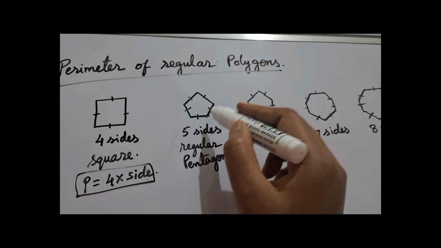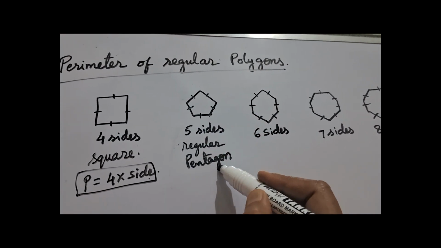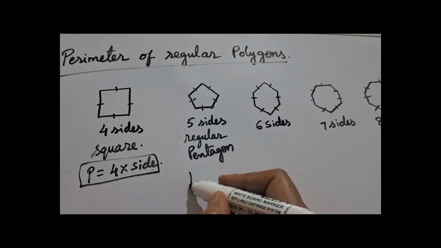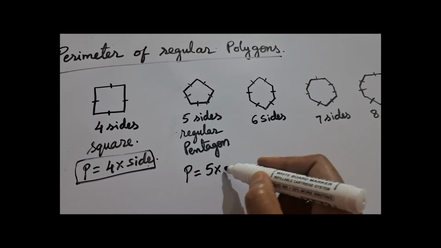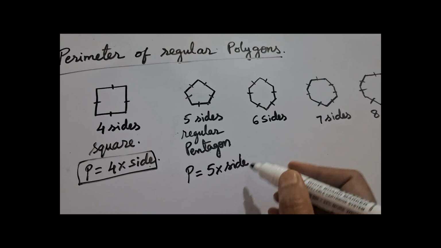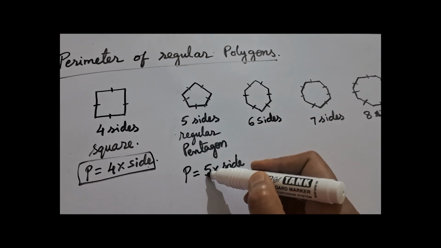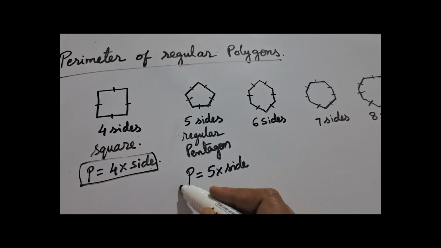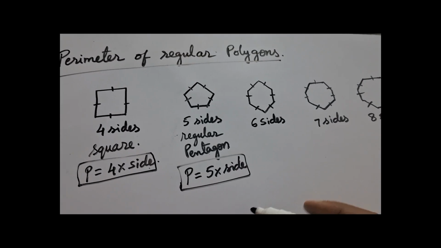But if all the 5 sides are equal in length, then that is called as regular polygon. The perimeter for this regular polygon will be what? 5 into side. If one side of the regular polygon is given, then we have to multiply with 5. Then we will get the perimeter of the regular pentagon.